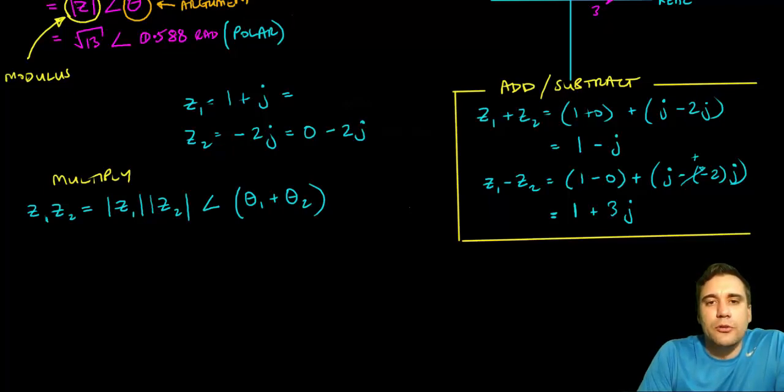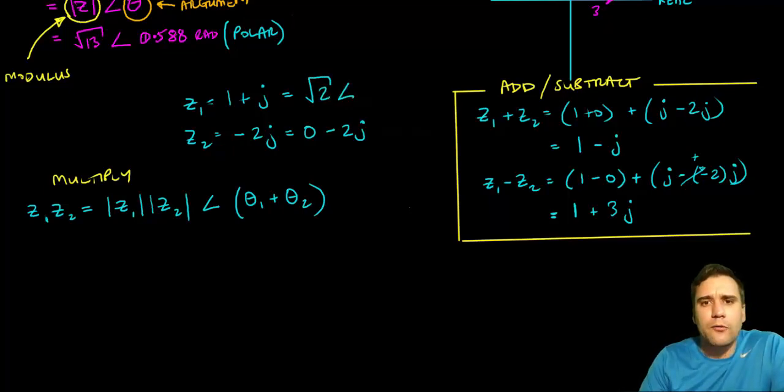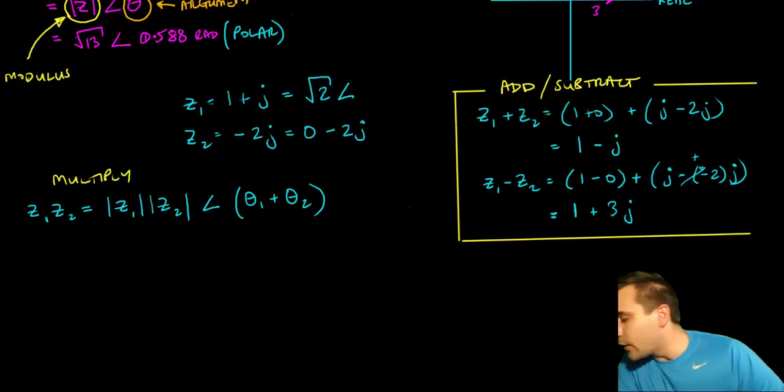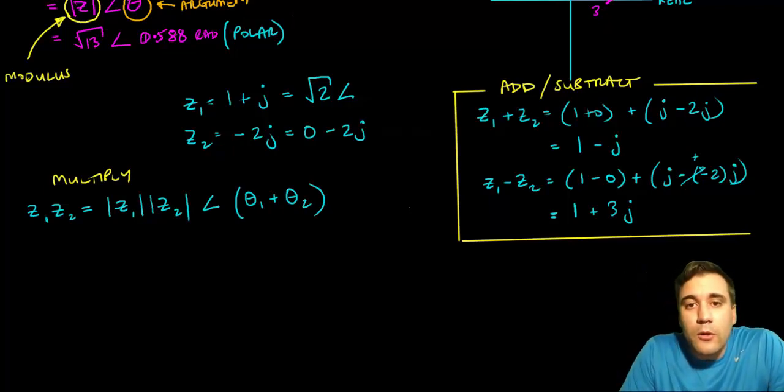So the magnitude is going to be 1 squared plus 1 squared, square root, so that's root 2, right? Root 2 at an angle of pi on 4. So yeah, pi on 4, good. What about Z2?